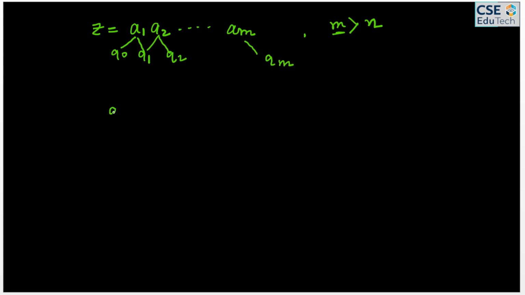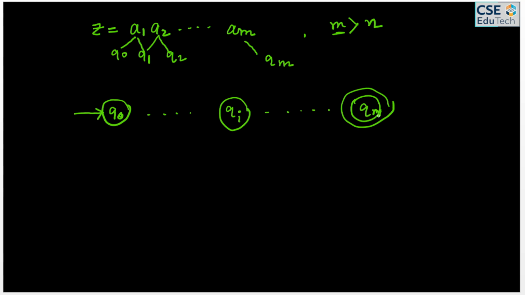So graphically we can say, suppose it is q0, and after reading a1 it will go to some state, and finally to a final state, which is the accepting state, qm. So initially, starting from q0, after reading a1 you go to state q1, and after reading a2, q2, and finally after reading am, we will reach qm.